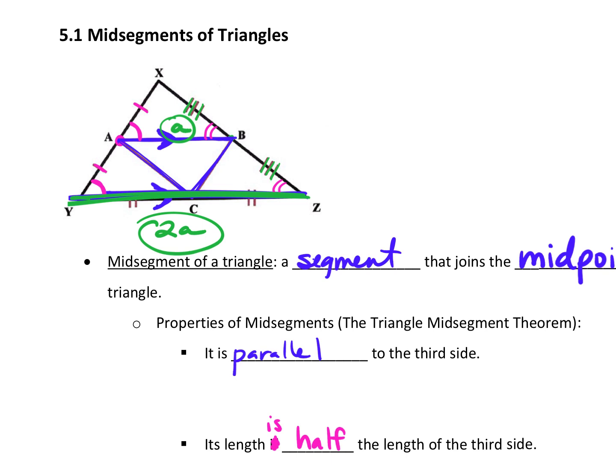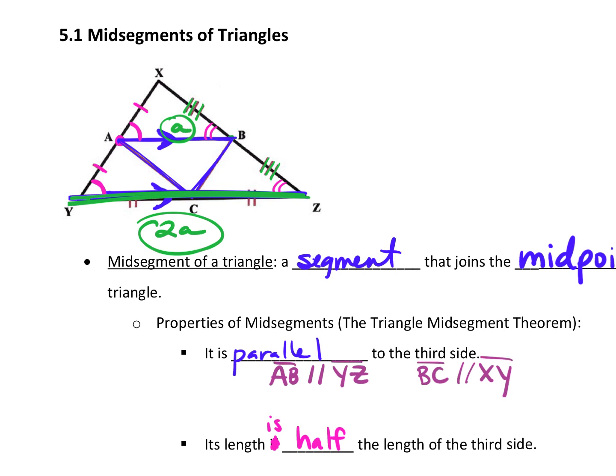Maybe you want to just write down here so you keep it straight. Parallel would be like AB is parallel to YZ, or you could say BC is parallel to what segment? You could say AY. I'm going to say the whole thing, so I'm going to say XY, but it would be parallel to AY also.